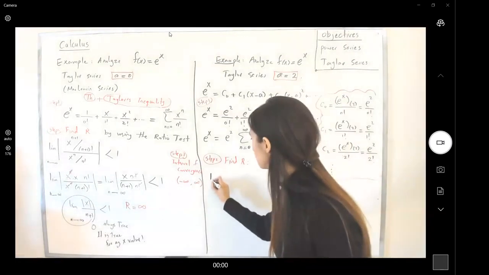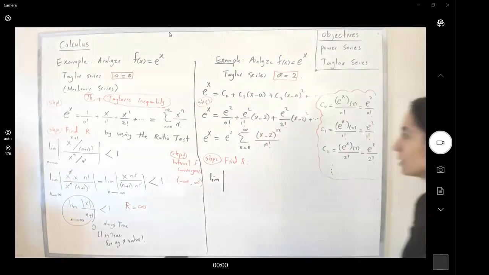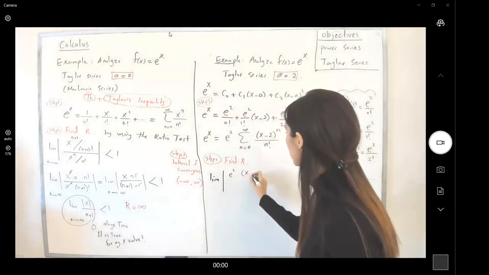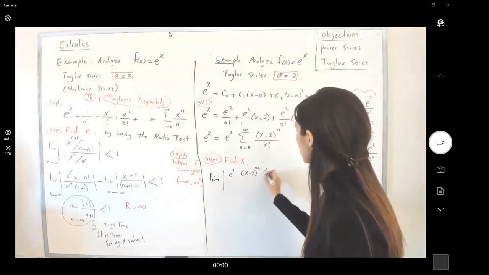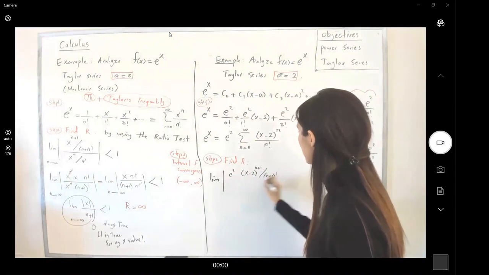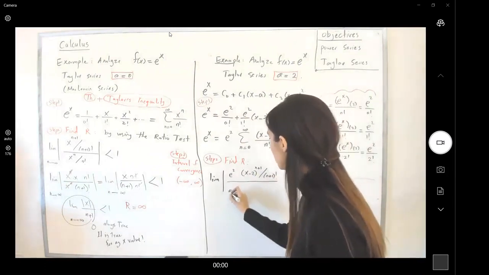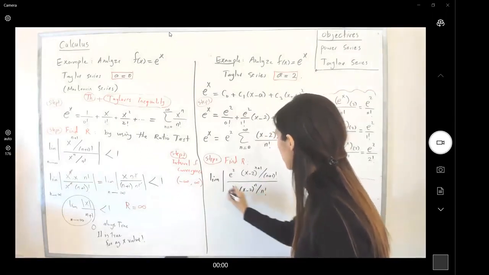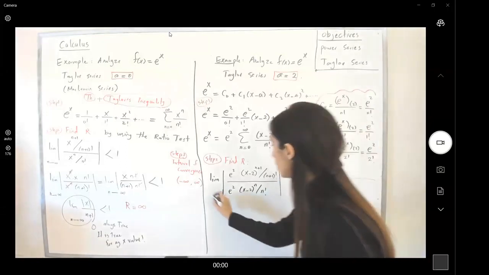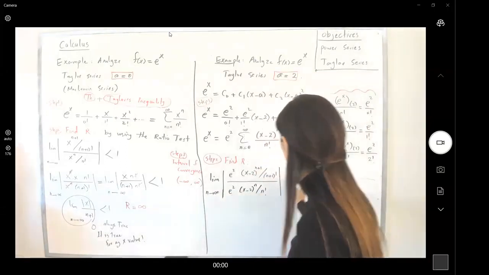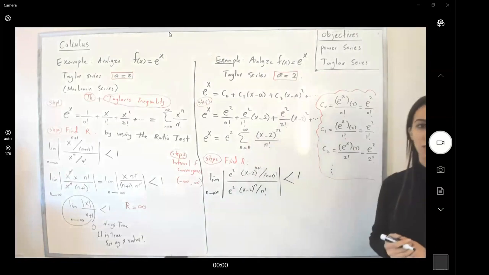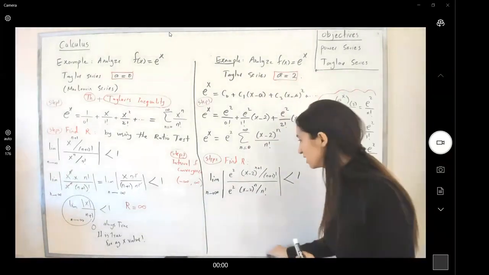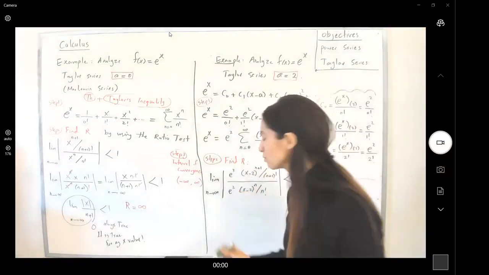Taking the limit, you have the limit of absolute value of e squared times x minus 2 raised to n plus 1 over n plus 1 factorial, divided by e squared times x minus 2 to the power n over n factorial, while n goes to infinity. This must be less than 1. We know that. It must be true. Okay, let us simplify this. You get e squared cancel out.